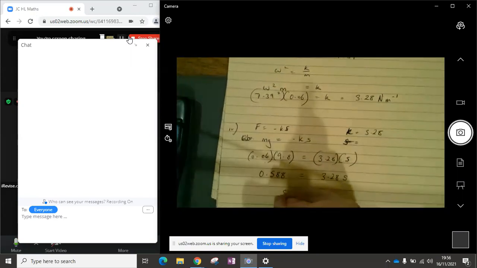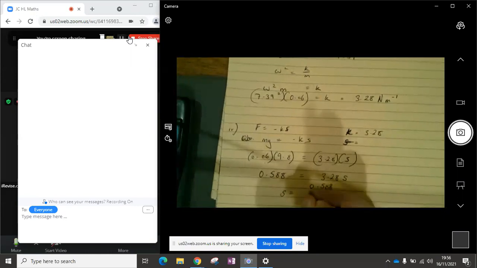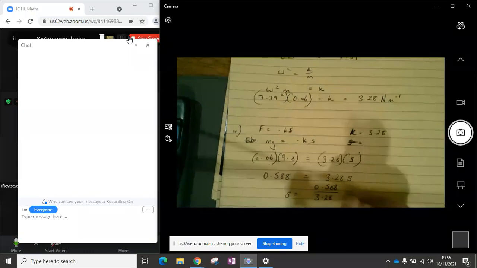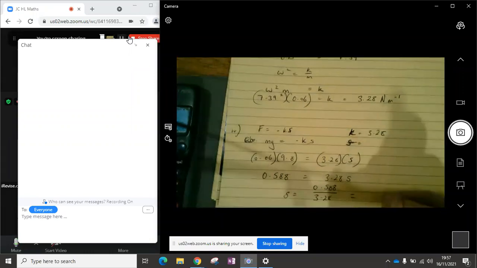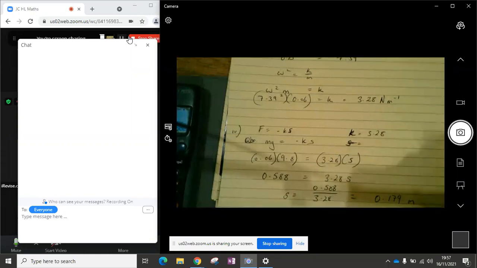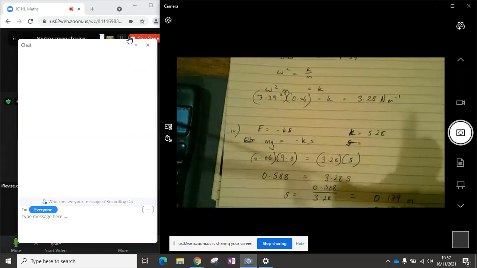You get S on its own. S is equal to 0.588 over 3.28. Work that out, gives you 0.179. Okay, that's a distance in meters, or 0.18 meters.